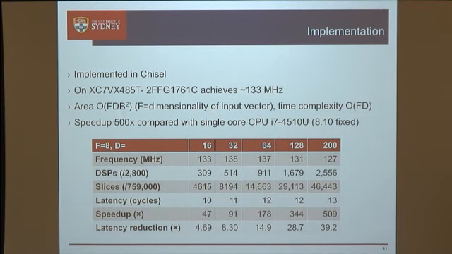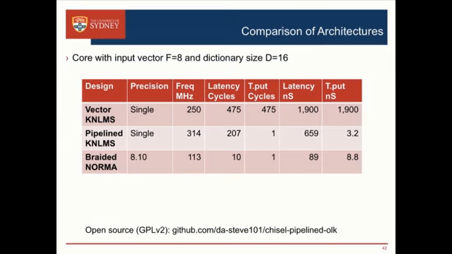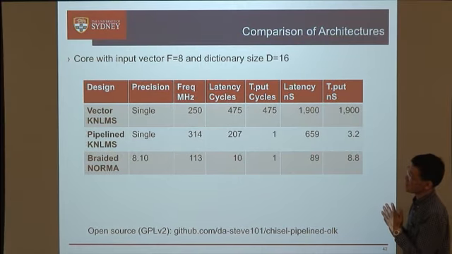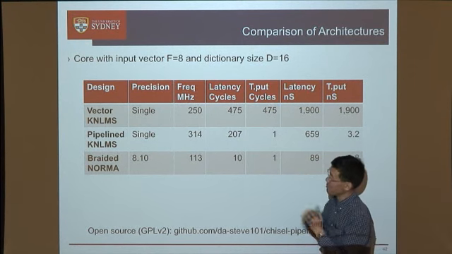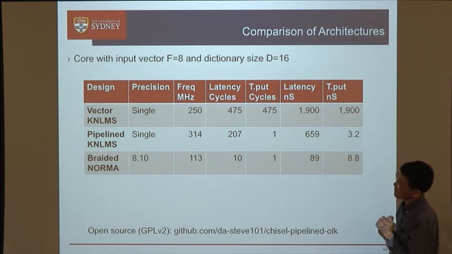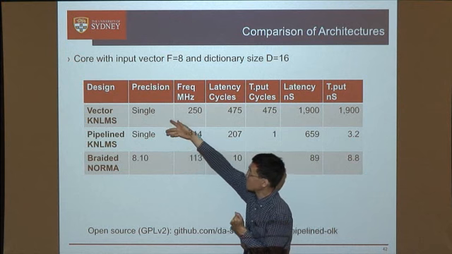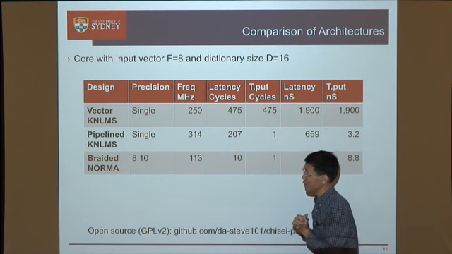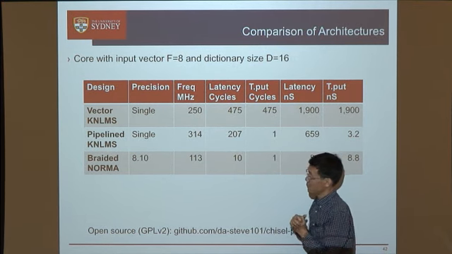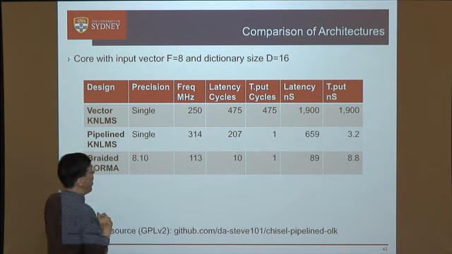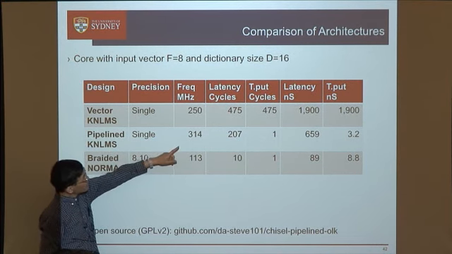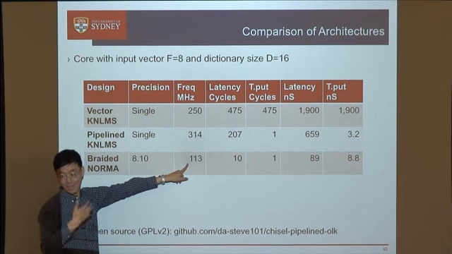And I guess this is the punchline of the talk. We're not comparing exactly the same thing, but if we compare implementations of KNLMS on the vector processor with pipelined implementation with this braided implementation, we also went from single precision floating point to a fixed point implementation. Then we have a drop in frequency because we've increased our critical path quite a bit.